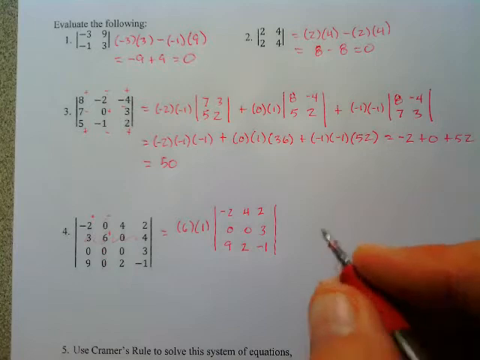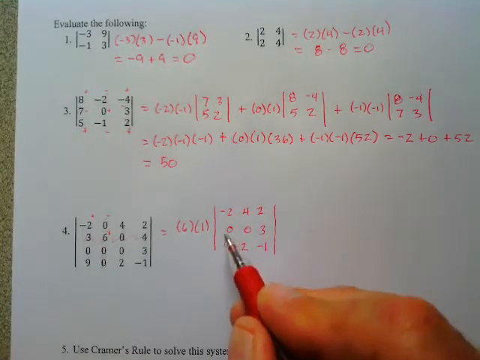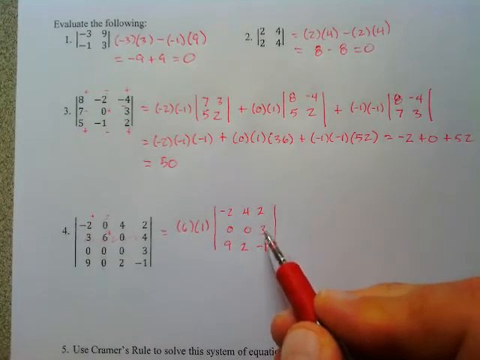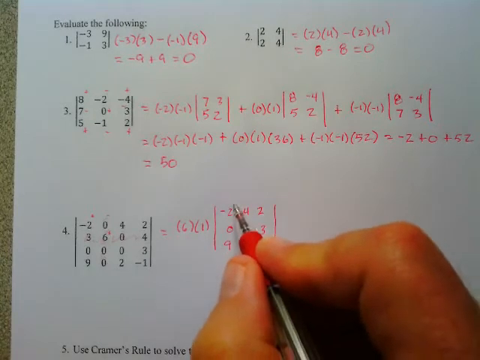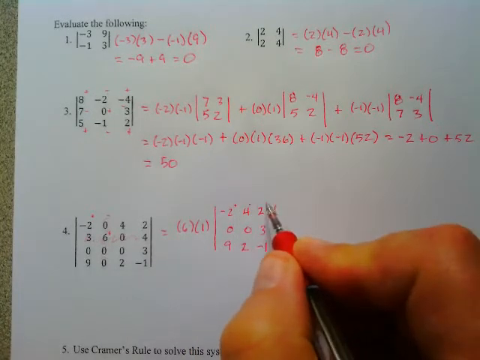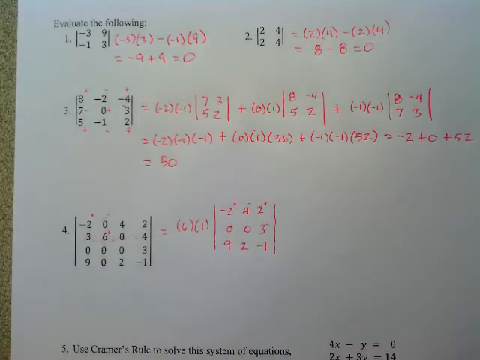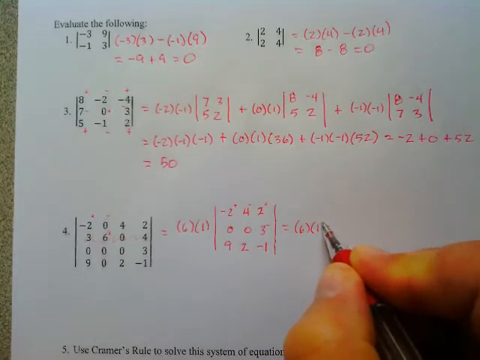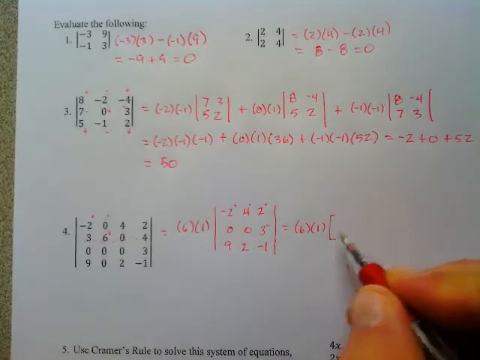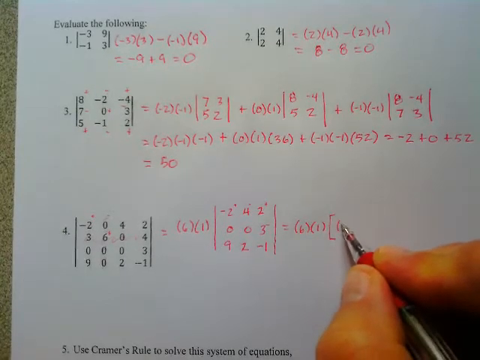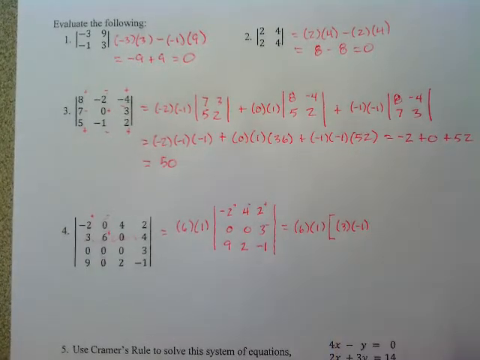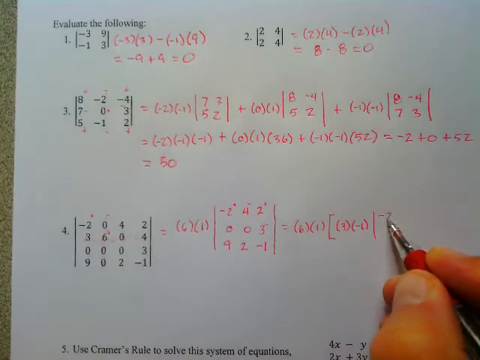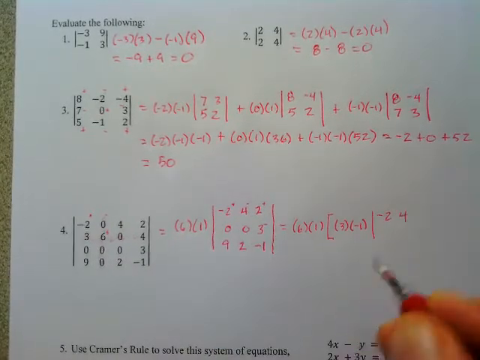Now, the nice thing about this one is, again, I have a row here with zeros in it, so that's the only one I have to worry about because those two will give me 0, and then this is, again, plus, minus, so that's going to give me a minus when I use the 3. So this is going to equal 6 times 1, and now it's going to equal a 3 times a -1, and then its minor, -2, 4, 9, and 2.